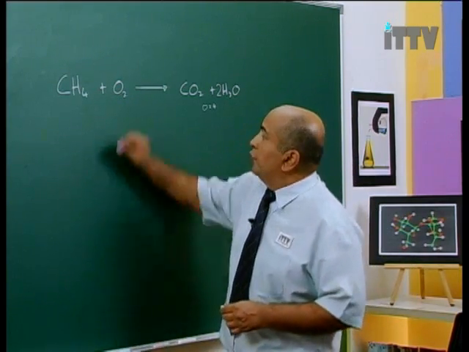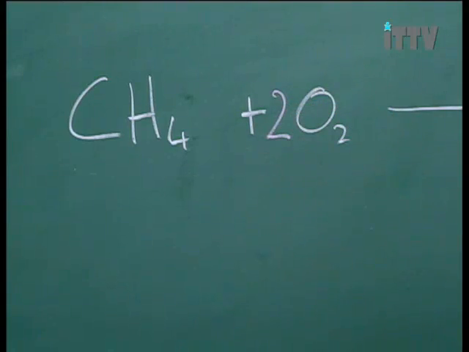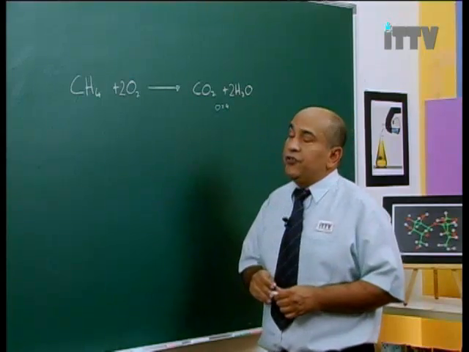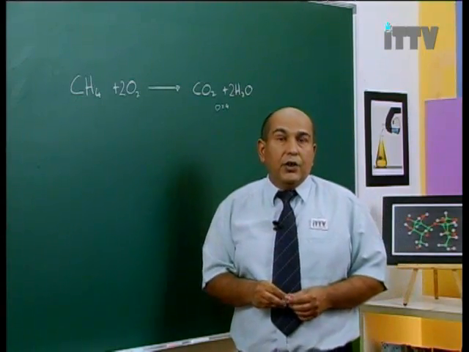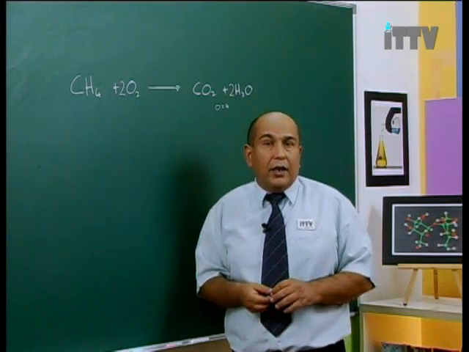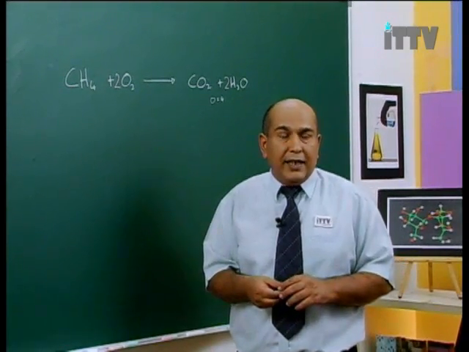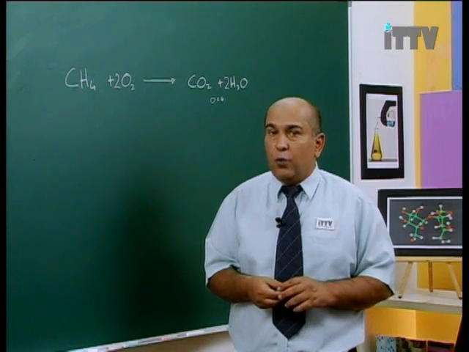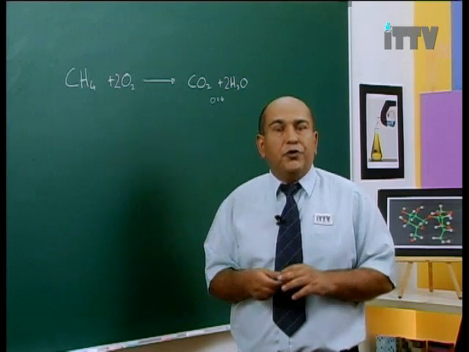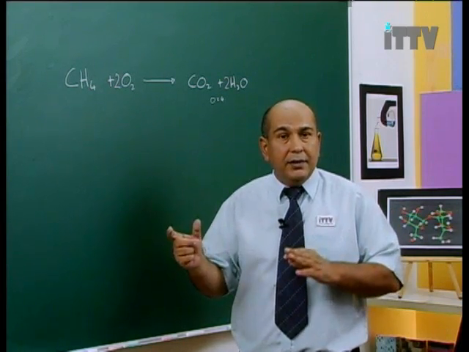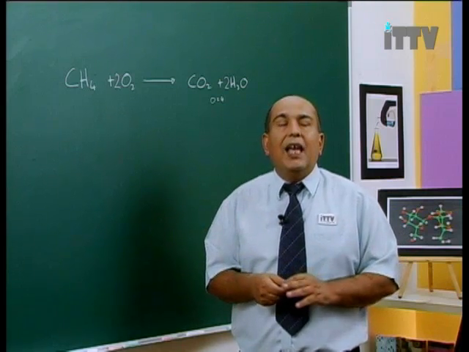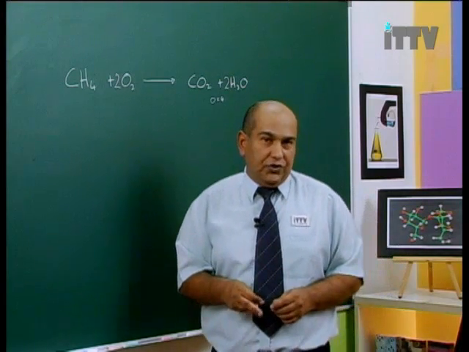Well, I just put a 2 in front of my O2 and my equation is then balanced. So once again, when you're doing a combustion of an alkane, remember that the alkane is going to produce the carbon dioxide and water. Deal with those first, balance the carbon, balance the hydrogens, and then worry about the oxygens.